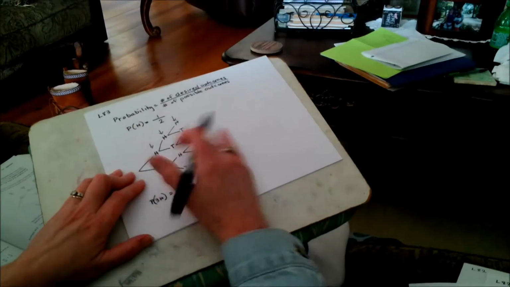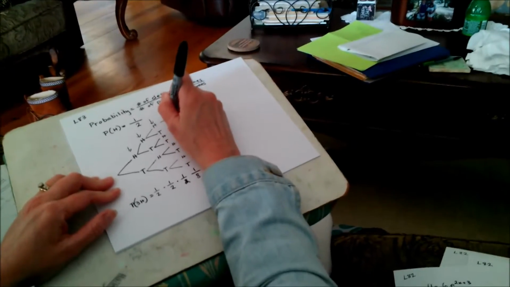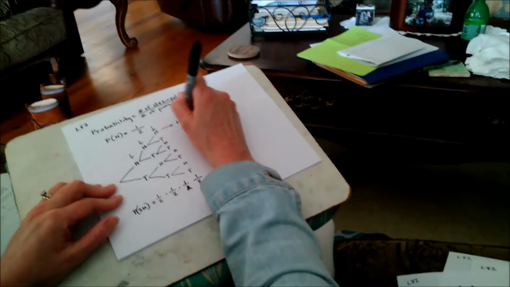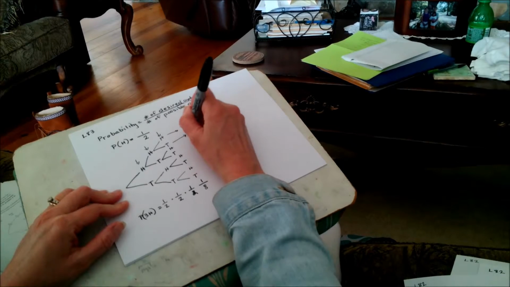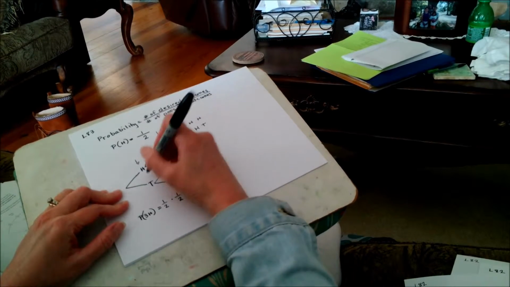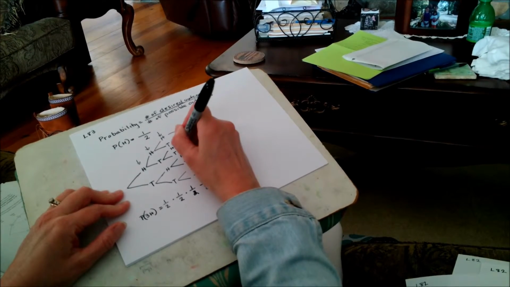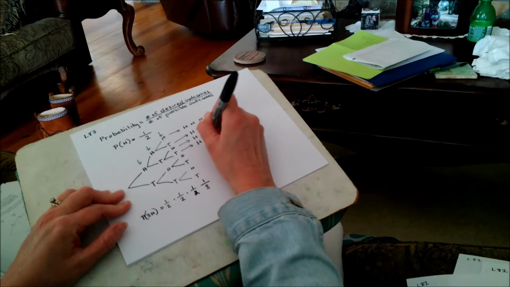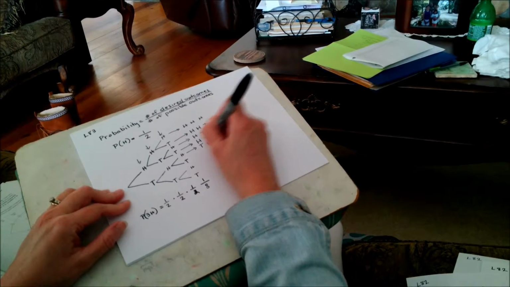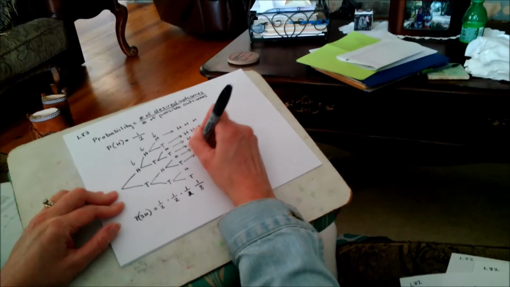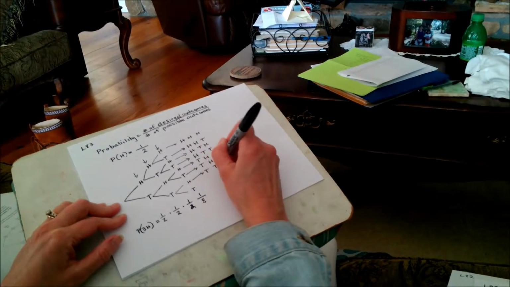And we can see it in the diagram here because this is all heads. This is heads, heads, tails. This one is head, tail, head. This one is head, tail, tail. This one's tail, head, head. Tail, head, tail. Tail, tail, head.